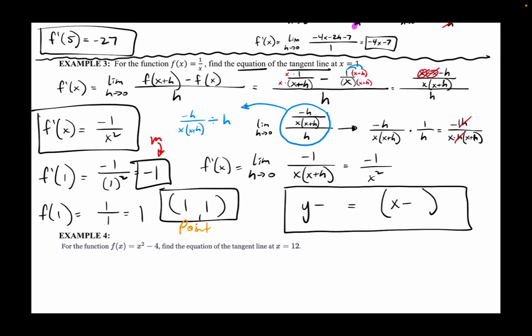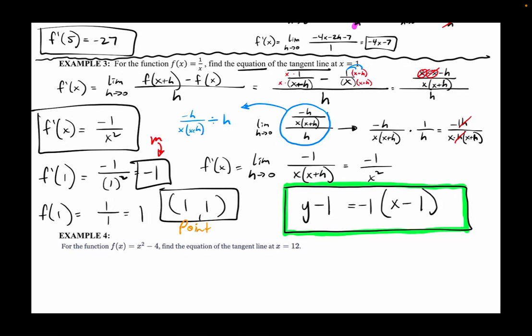So x is 1, y is 1. Slope is negative 1. It's in point slope form. That's all we do. That's it. We got an equation of a line. Didn't say it needed to be in a specific form, so we'll use point slope.